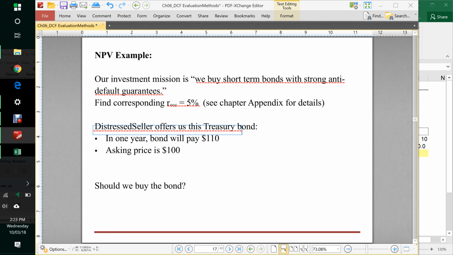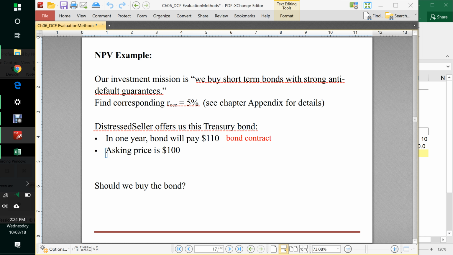Here, a distressed seller walks up to us out of the blue and says, hey, I would like to sell you this treasury bond. The contract from the Treasury says that whoever holds this bond in a year from now, when it matures, is going to get $110.